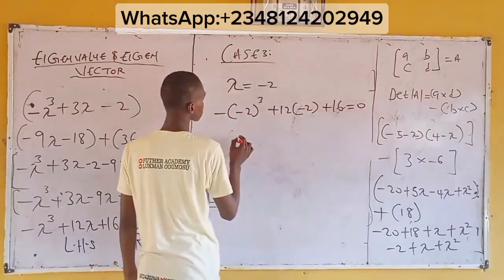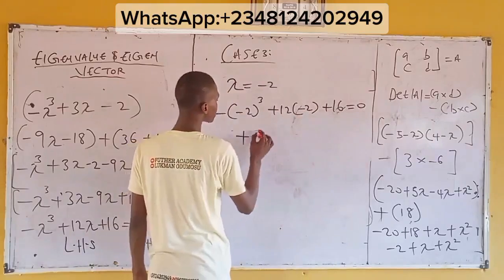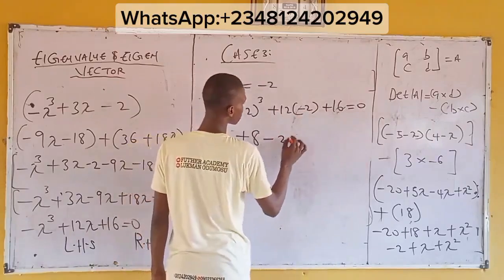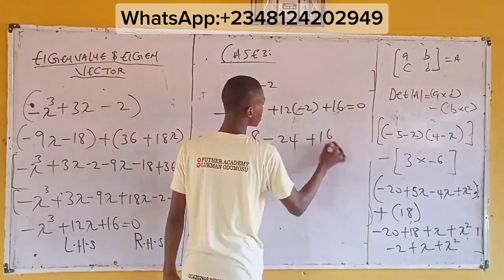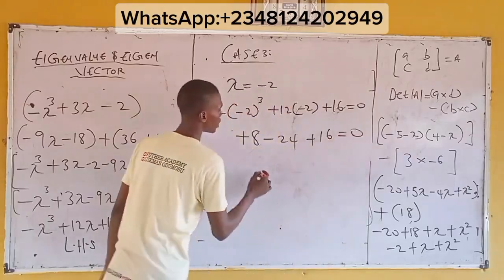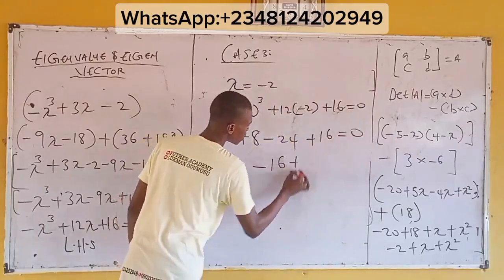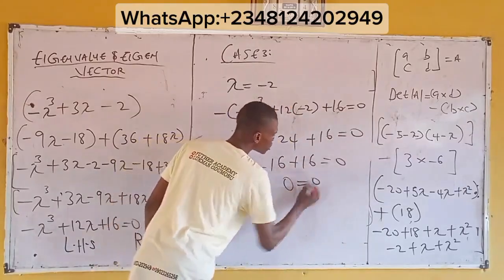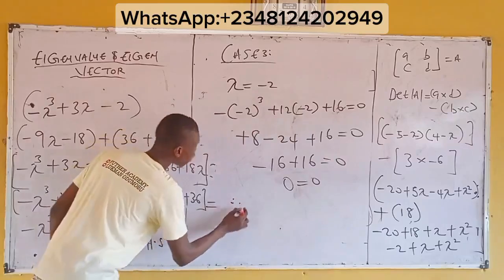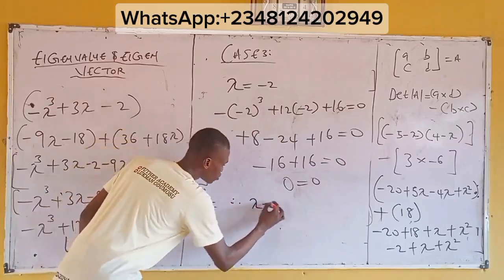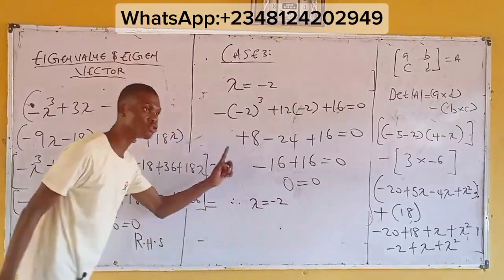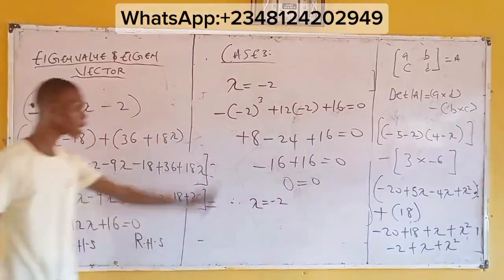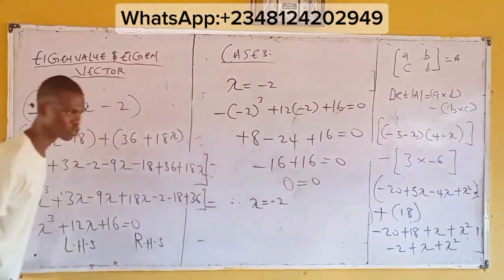This is plus 8 minus 24 plus 16 equals 0. This is negative 16 plus 16 equals 0. That is, 0 equals 0. Therefore, lambda equals negative 2 is a root of this equation. You say it is a root, or you say it is a factor of this equation.